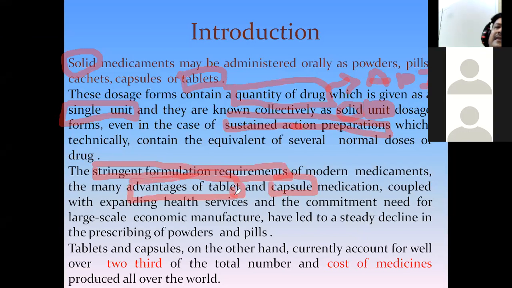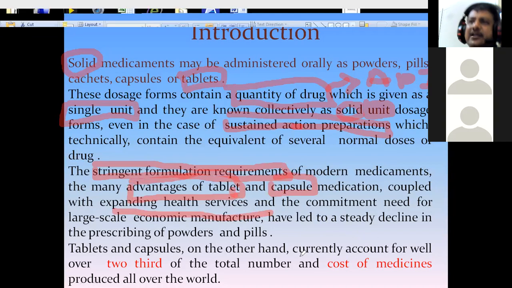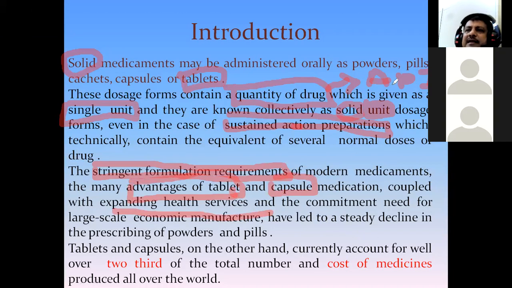The main advantage of tablet is that, coupled with the expanding health services and the commitment needed for large scale economic production or manufacturing, there has been a steady decline in the prescription of the other two solid medicaments, such as powders and pills.